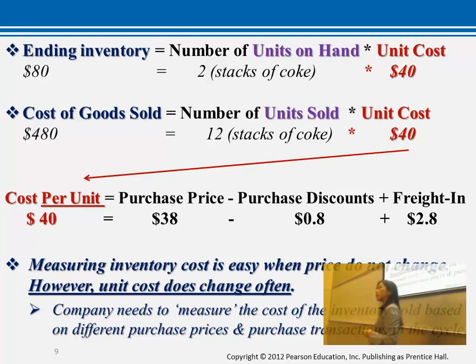A month later, probably each bottle costs about 51 cents. And then a month later, let's say 52 cents. So when a customer comes to purchase these items, these are the same type of product, but what will be the cost assigned to that bottle?